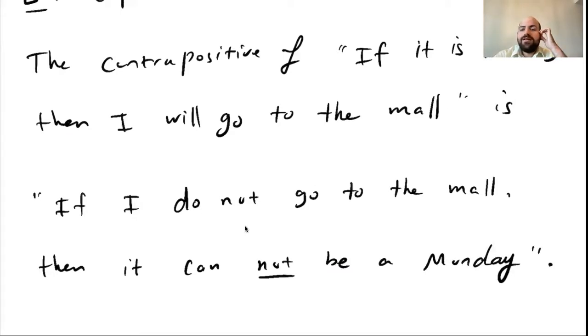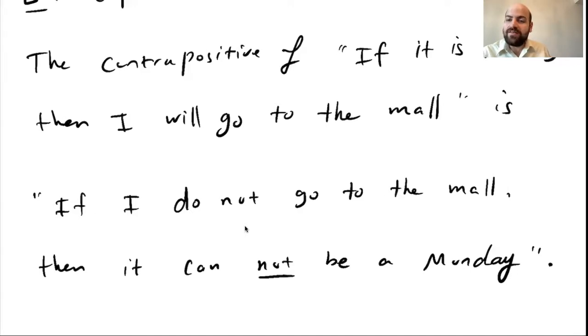See, negation Q implies negation P. So if I don't go to the mall, it cannot be a Monday. Assuming the first statement is true, unlike the previous cases, the second statement will also be true. Let's assume that if it's Monday, then I'll go to the mall. Now, if I don't go to the mall, then it cannot be a Monday, because if it was a Monday, I would go to the mall.